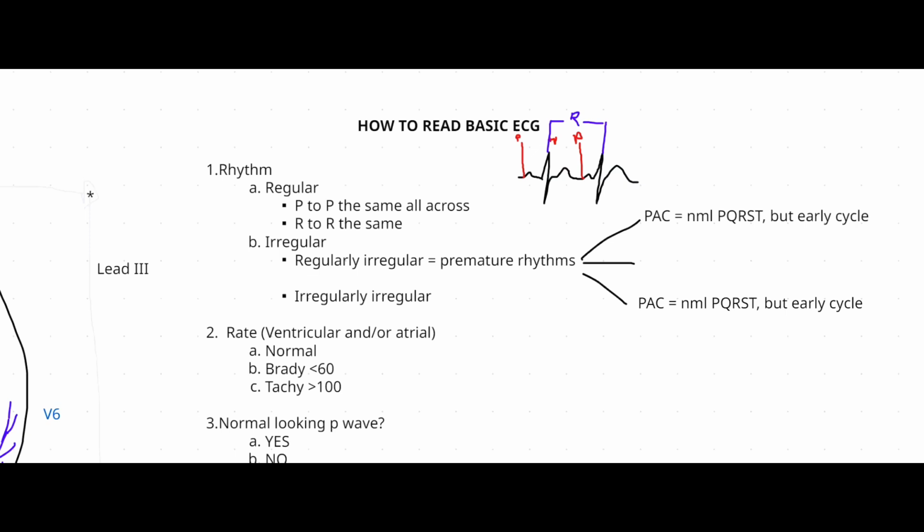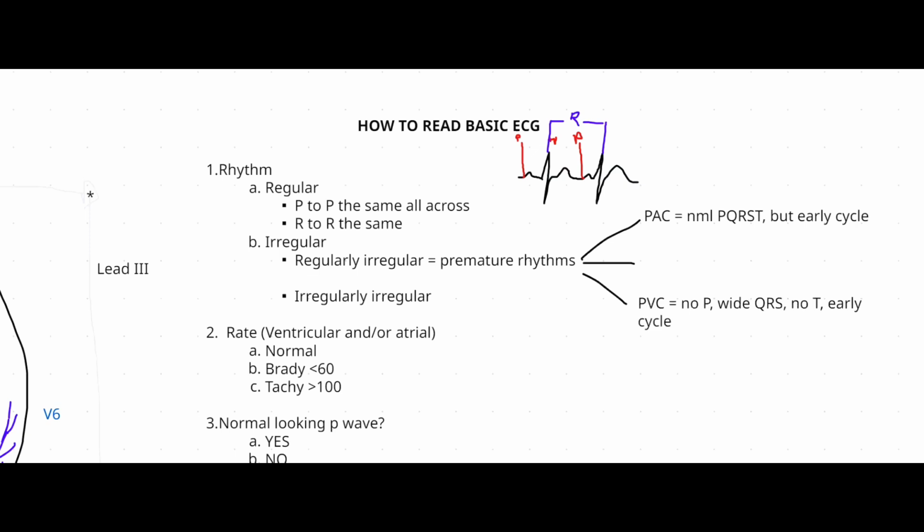And it's not that the atrium didn't contract, but it's because the QRS is so wide that it's hiding the P behind it. So you don't see it on your rhythm, okay? So no P, wide QRS, there's gonna be no T, okay? And it comes early, because they're all premature, okay?